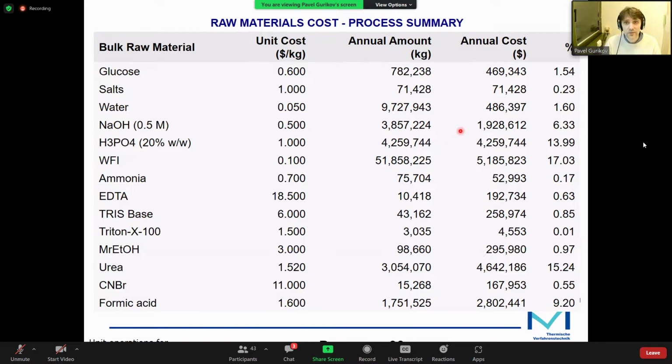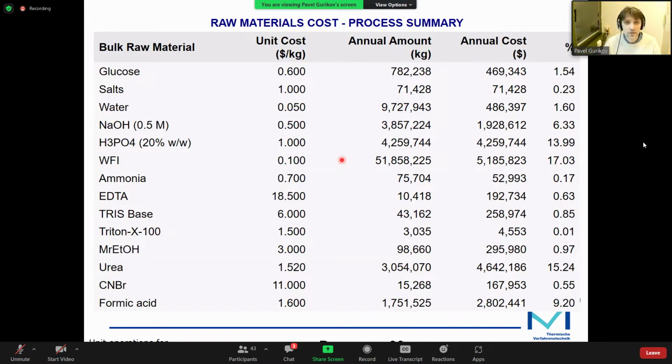Take a look at the annual amount in kilos and unit costs. Phosphoric acid, $1 per kilo. Sodium hydroxide, 0.5. Water, 0.1. I think I mentioned this, very often people say, but this process requires water. Water for industrial use is very inexpensive.